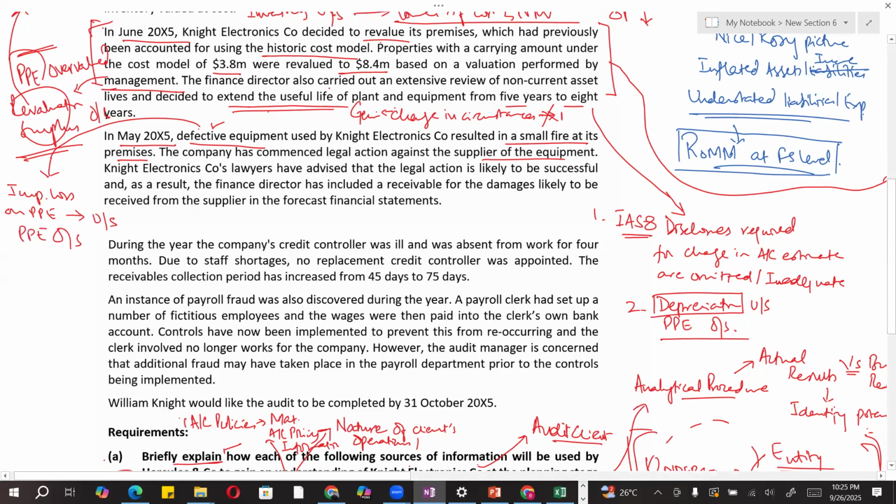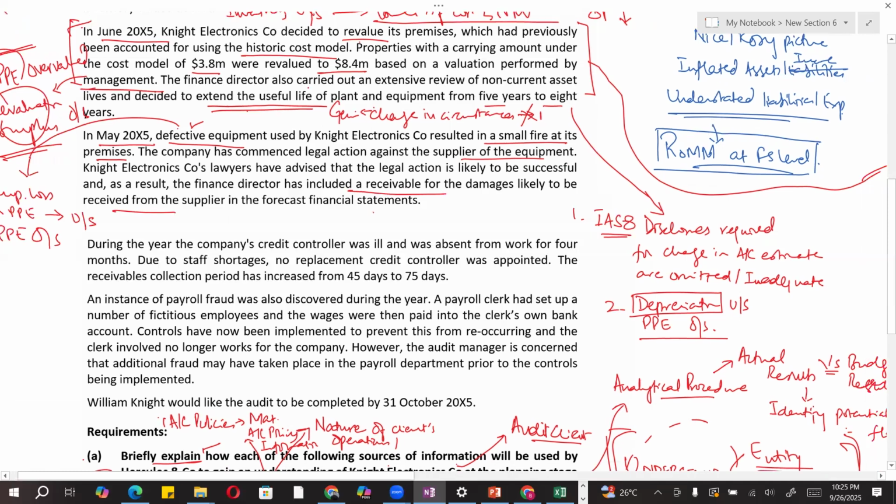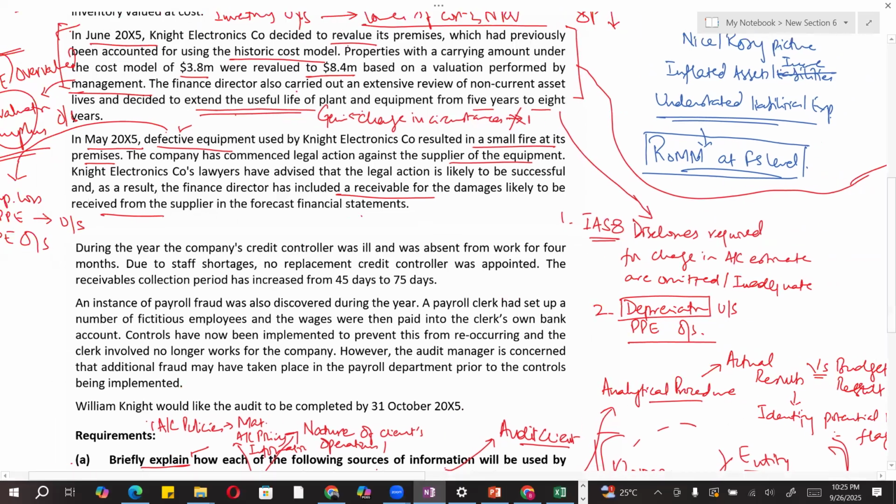Right? Now, they have included a receivable from the supplier. But remember, IAS 37 in these situations is quite clear. IAS 37 says you can only record a receivable if that is virtually certain.